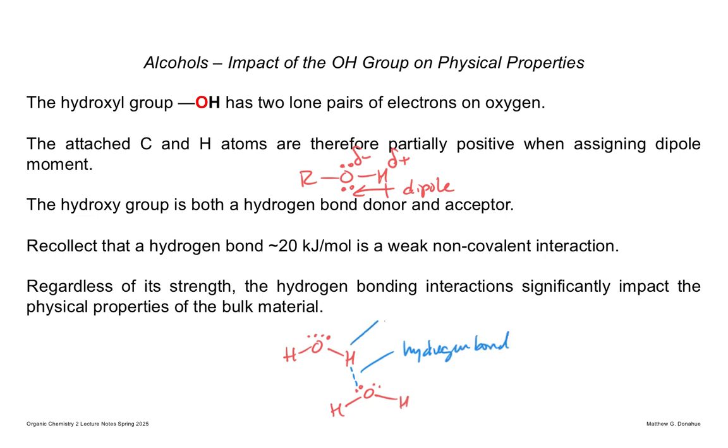And this would be the donor. So it's donating that OH. And then this molecule down here would be the acceptor. So that lone pair on oxygen is accepting that OH bond.